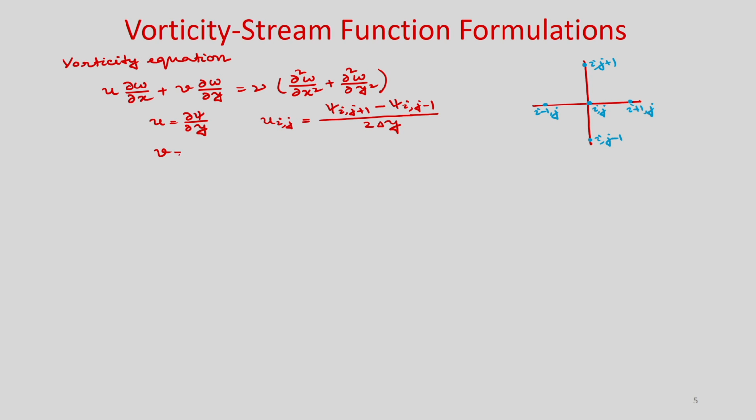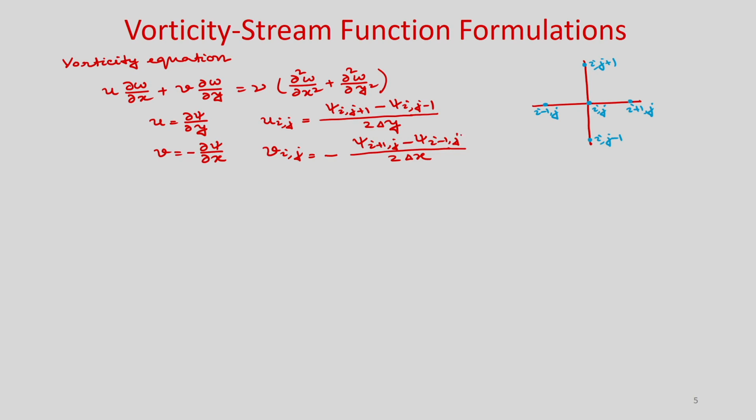Similarly, v is equal to minus del psi by del x, right. So, v(i,j), and if you use the central difference approximation, then you can write psi(i+1,j) minus psi(i-1,j) divided by 2 delta x, because we have used central difference approximation for this first derivative, and the distance between the 2 points is 2 delta x.